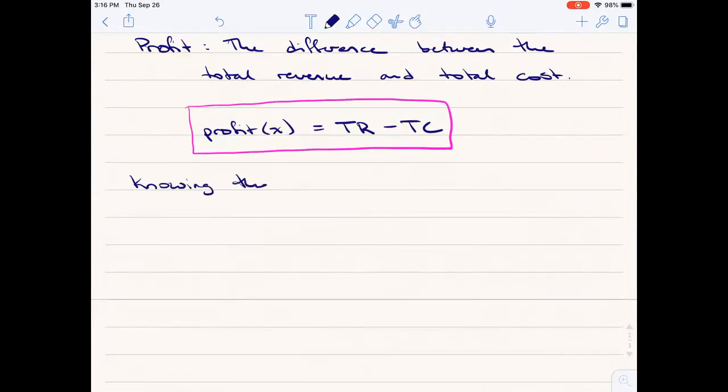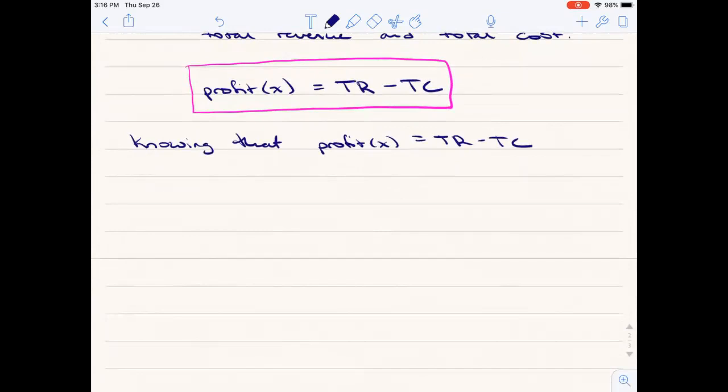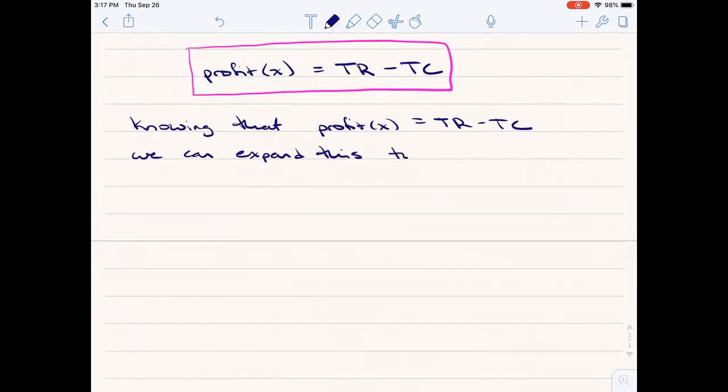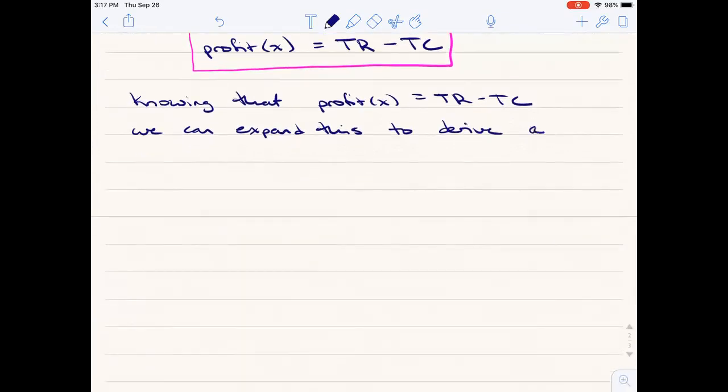Knowing that the profit of X is total revenue minus total cost, we can expand this to derive a proper profit function.